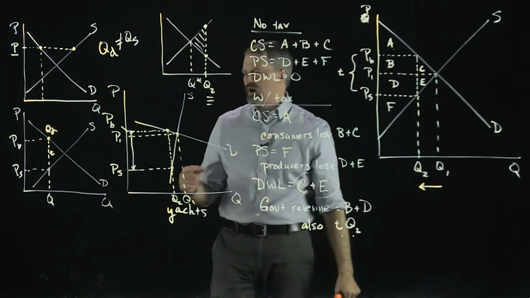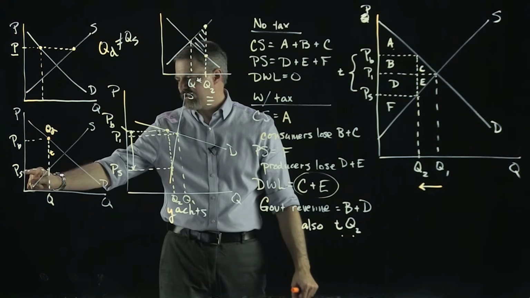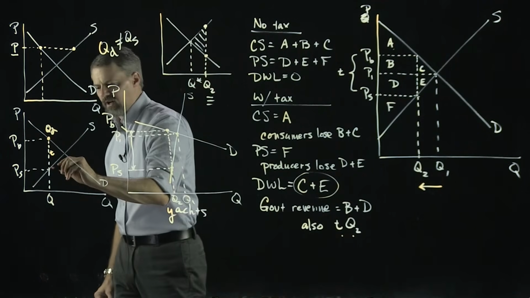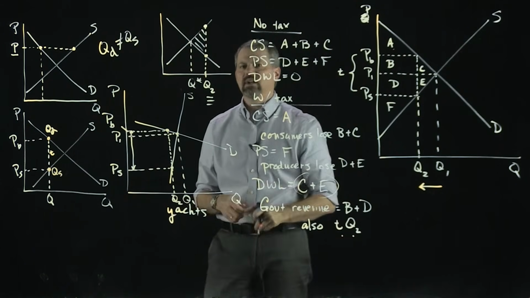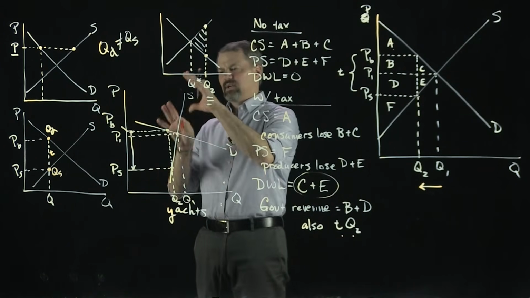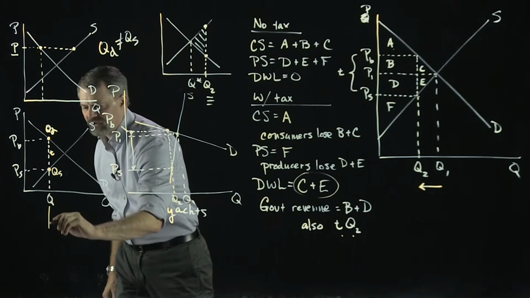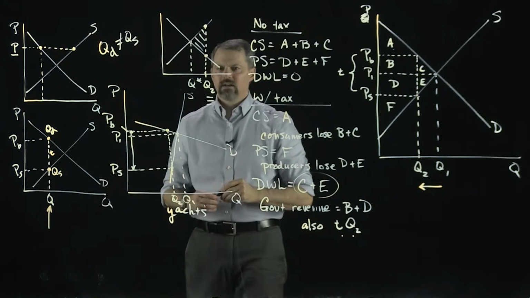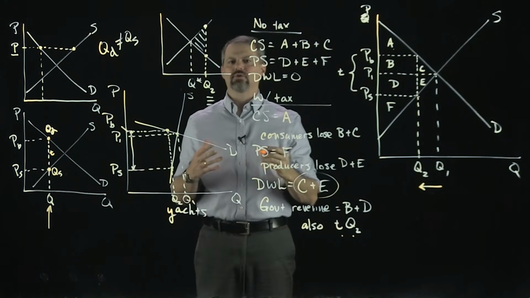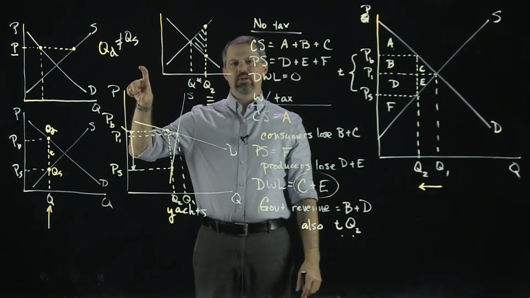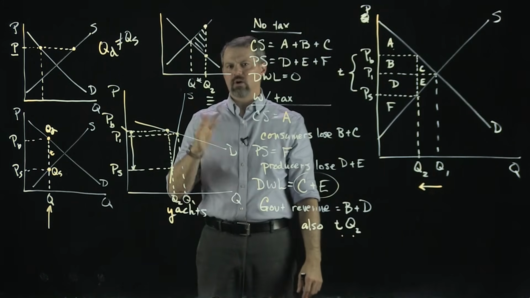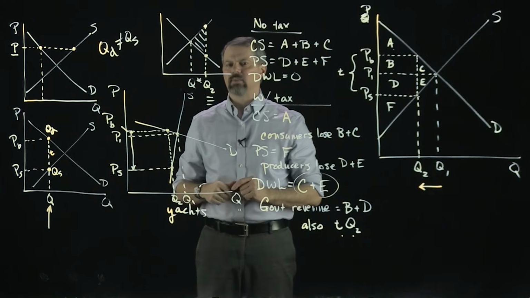If we wanted to find quantity supplied, we'd go over from the seller's price to the supply curve, and we hit it right there. There's quantity supplied. They show up at different places in the picture, but notice they're both equal to that quantity. A tax does not create a surplus or shortage. A tax simply drives a wedge between the buyer's price and the seller's price. Quantity demanded is still equal to quantity supplied.